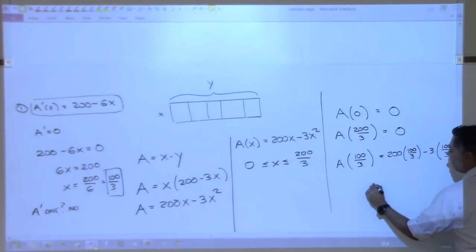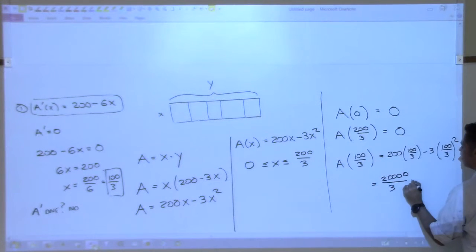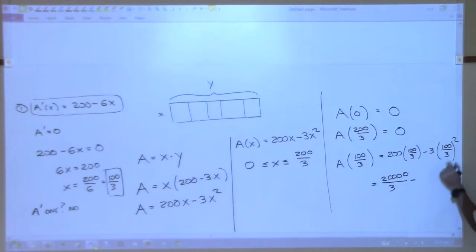Let's go ahead and calculate this. This is going to be 20,000 thirds minus, what is this? We have to square the top and bottom. So that fraction squared is that. So 10,000, oh sorry, multiply it by negative 3.